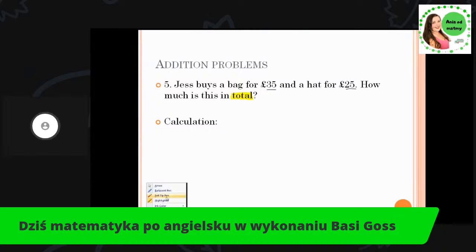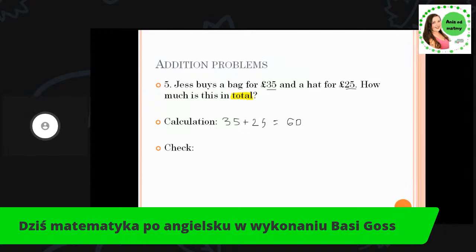And our calculation is 35 plus 25 is 60.